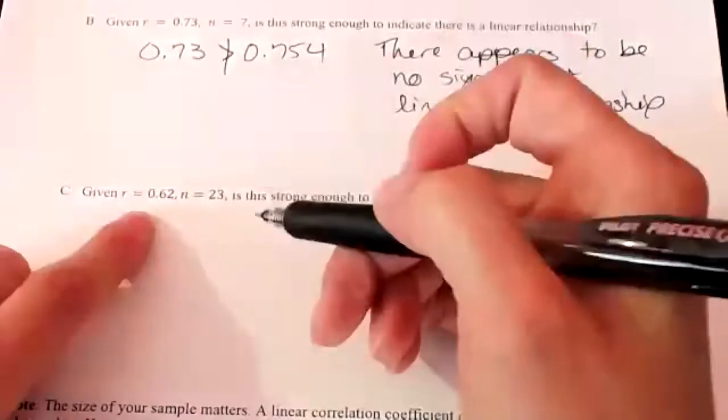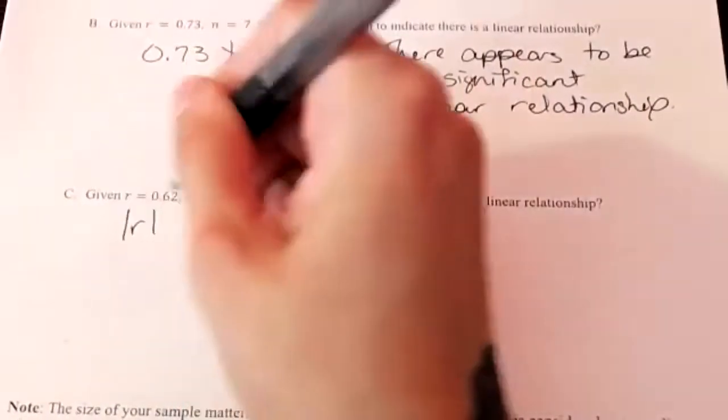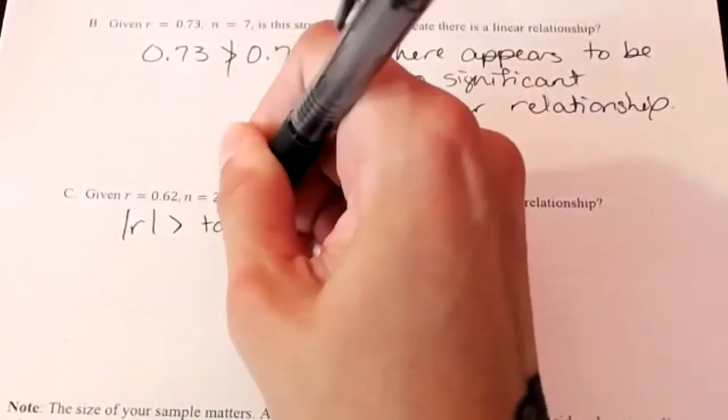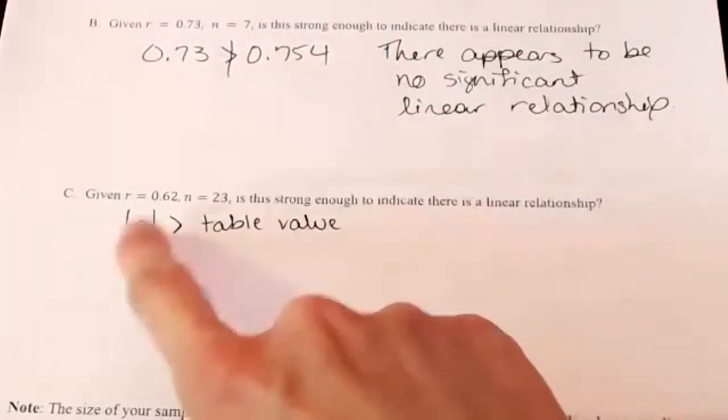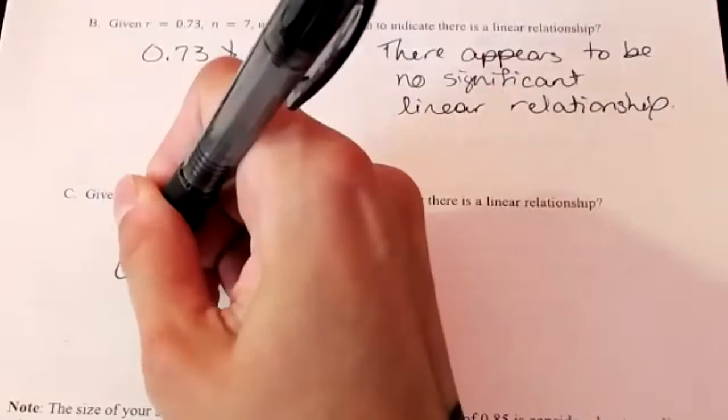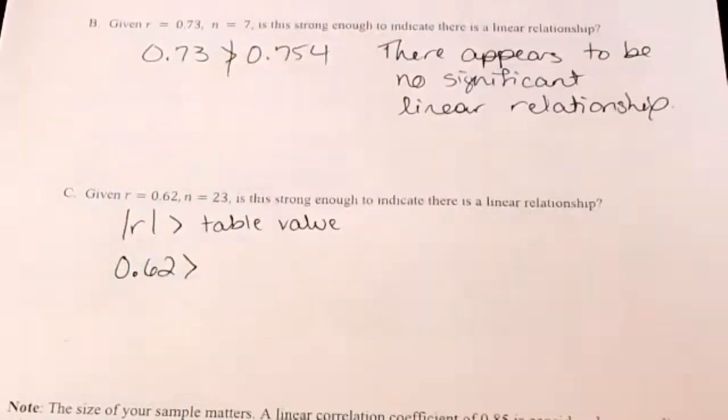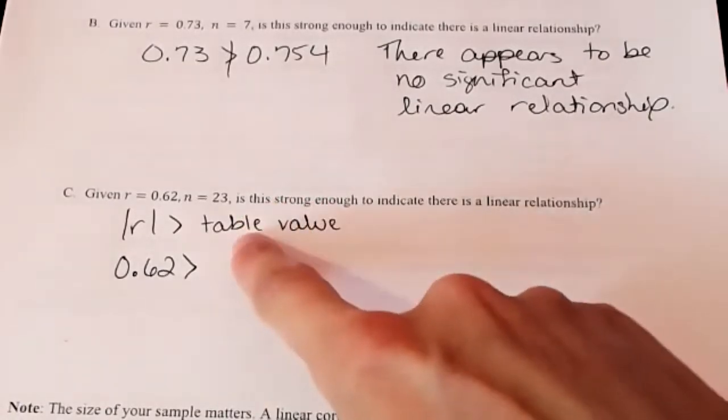The R value we were given, I'm going to write this out again because maybe it'll be super helpful if you see this language again and again. The absolute value of 0.62 is still 0.62, right? It's the positive distance from the number to 0. That's what happens when you take the absolute value of a number. We're going to go to the table when n is 23.